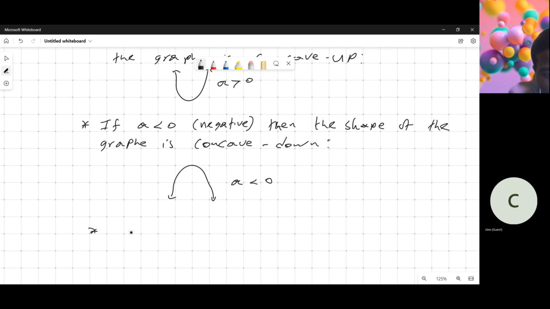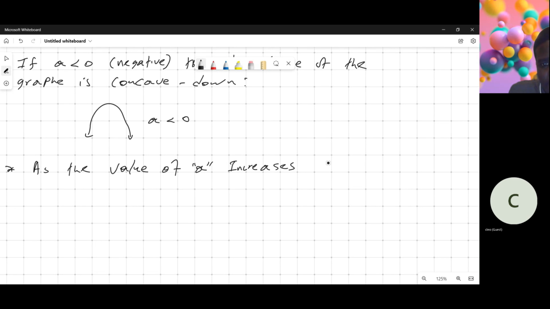Another thing: as the value of a increases, the graph gets narrower.